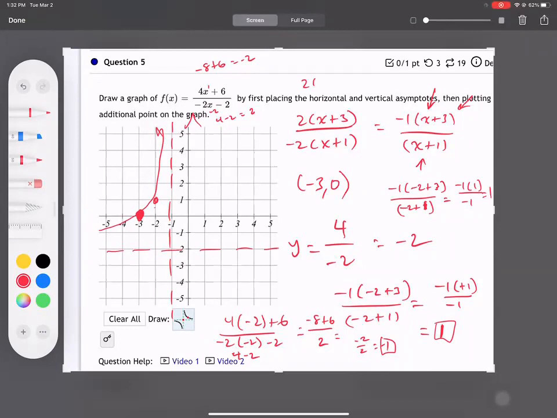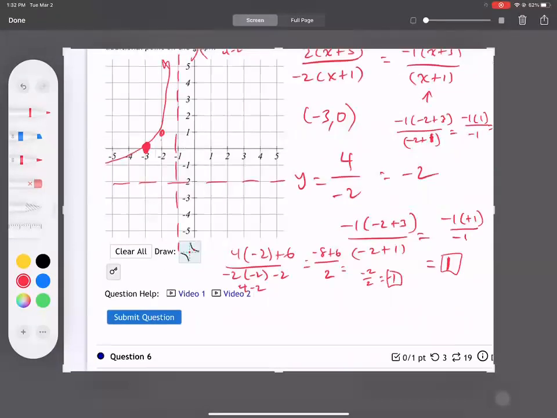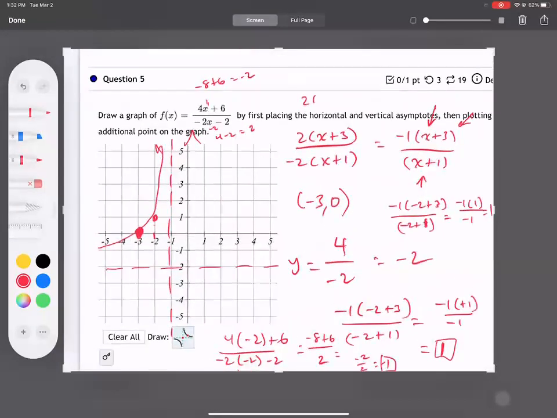I think I'm messing up in my brain someplace. But when I plug in negative 2 here, 2 times 4 is 8, right? Negative 8 plus 6 is negative 2. Negative 2 is positive 4 plus 2. Why is it negative 1 all of a sudden?